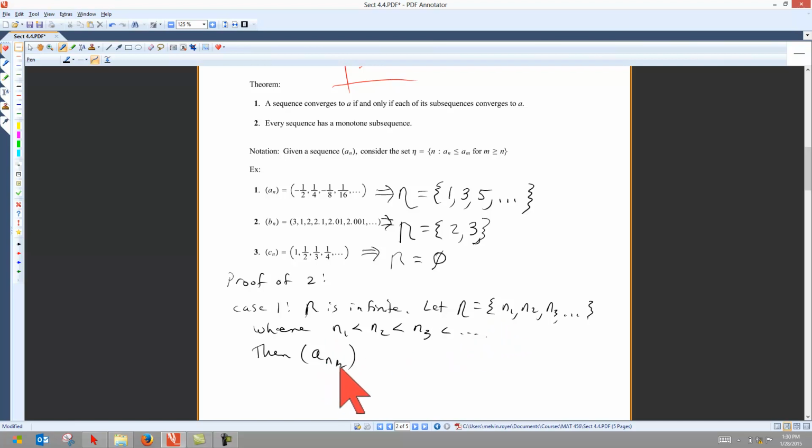And so a sub n sub 2 can't be any smaller than a sub n sub 1. And a_n3 can't be any smaller than a_n2. And so this subsequence, in fact, is an increasing sequence, which is one type of monotone sequence.